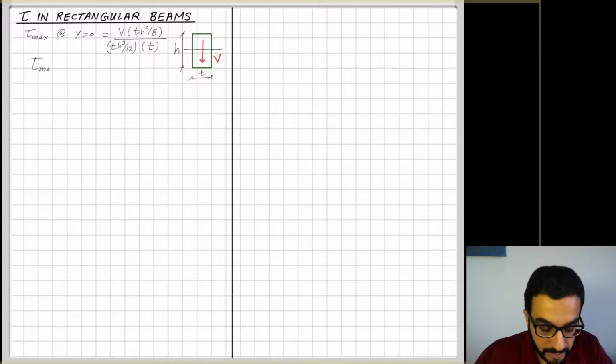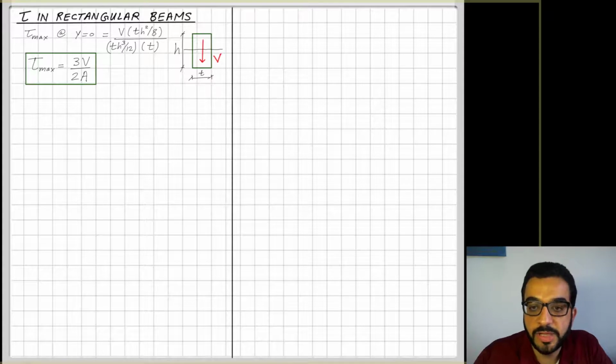If you work out the math here, I will figure out that tau max is equal to 3V over 2A.